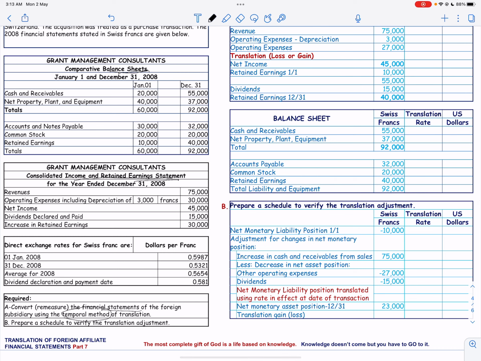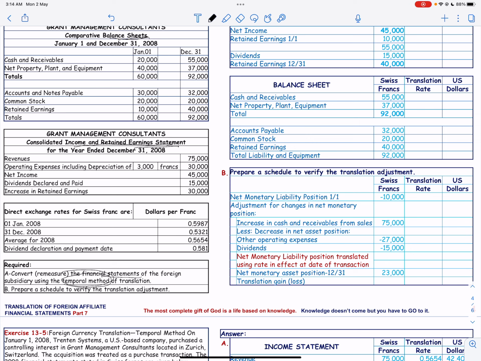For translating the monetary assets and liabilities, use the current exchange rate, that is the rate on 31st of December. Any monetary asset like cash, accounts receivable, or accounts payable are monetary assets and liabilities.